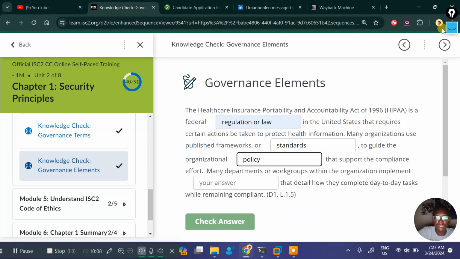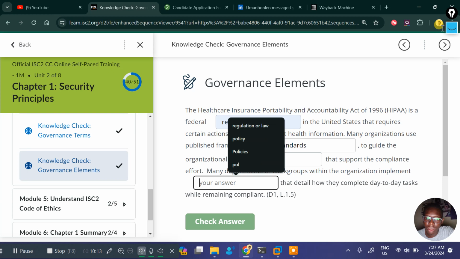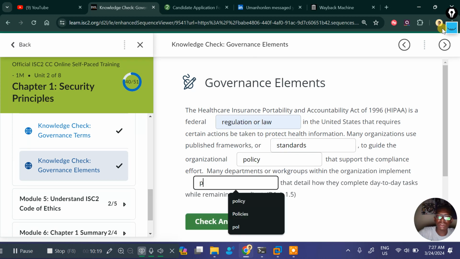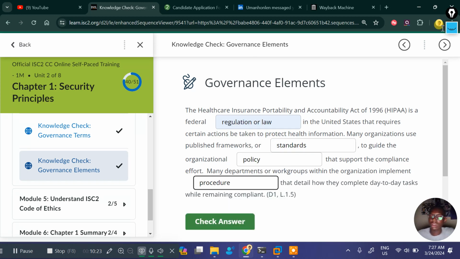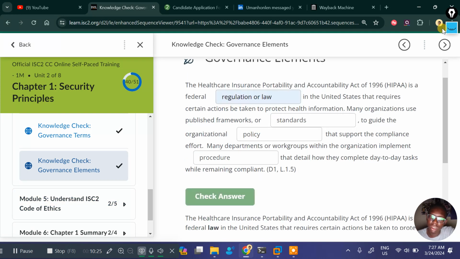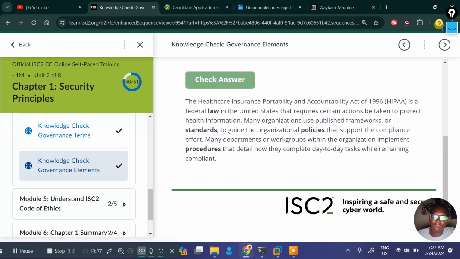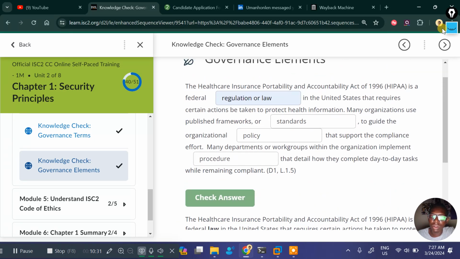Policy. And many departments and groups implement dash to detail how they should complete anything. Directives is definitely going to be our procedures. So procedures, and we can check the answer, and we have law, policy, law, standard, policies and procedures, law, standard, policy and procedures. So it's quite an easy topic.